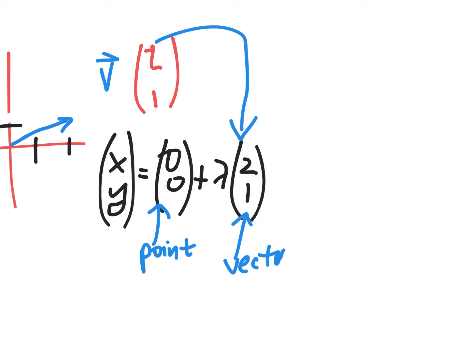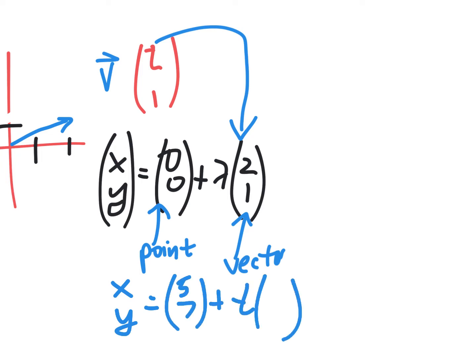So if I wrote another vector down here, x, y, and I don't even care what point I start at, 5, 7. But if I have this part, 2, 1, the same, then those are what vectors? Parallel vectors. Okay, good.